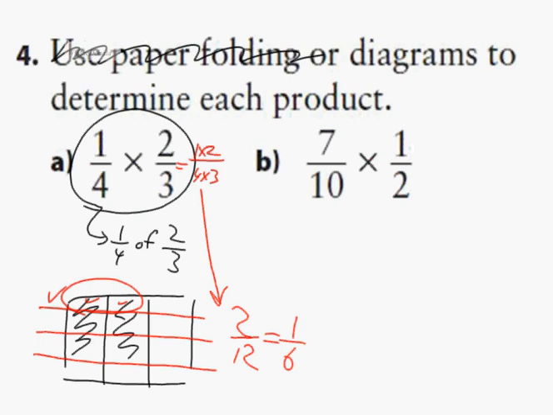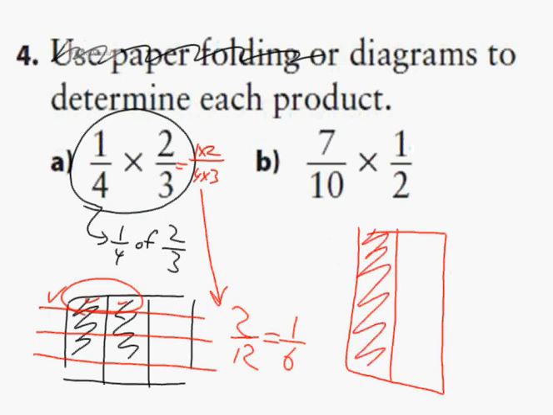In the next one, start with a picture of a half. And I want to take 7/10. For this one, I'm going to make my rectangle a little bit different. I'm going to make my rectangle this way, a little bit smaller. That's still a half of the rectangle, but I'm going to take 7/10.